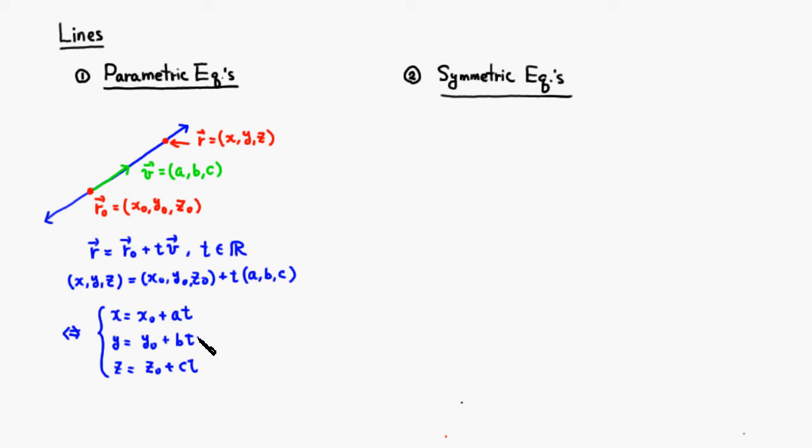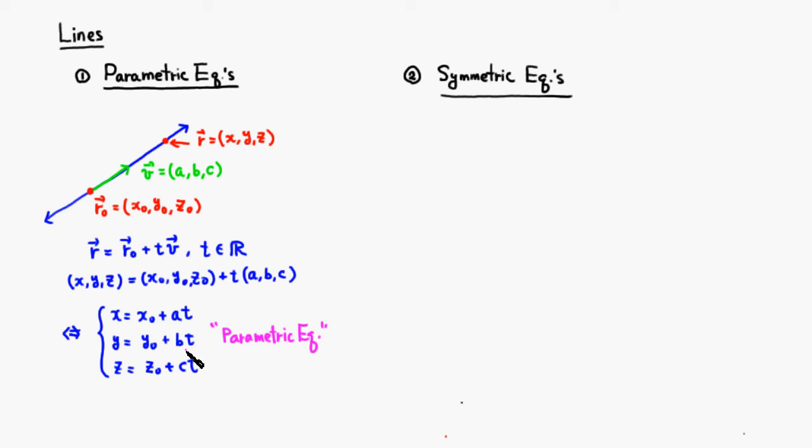This set of equations is called the parametric equation, because t is a parameter.